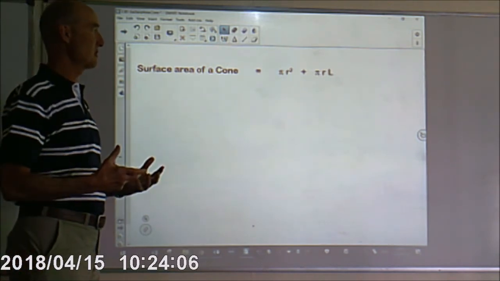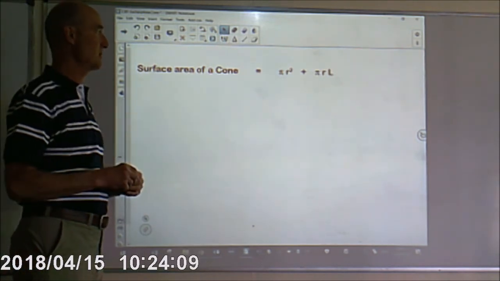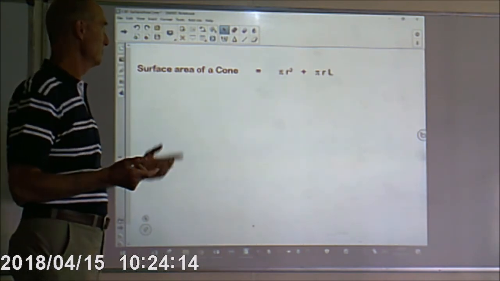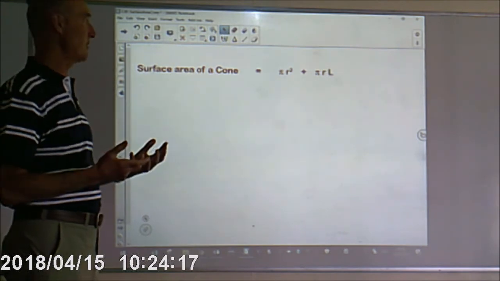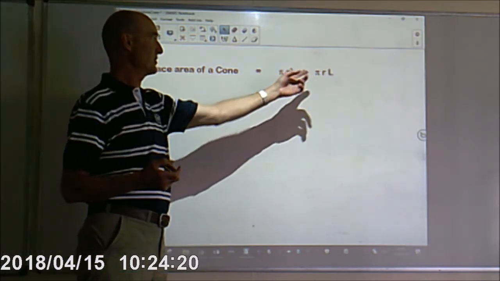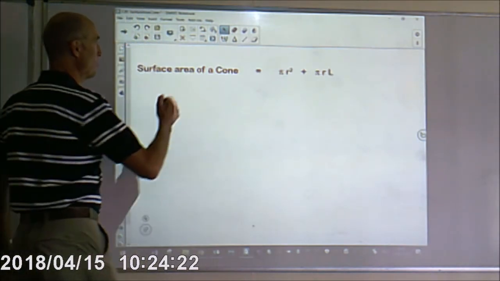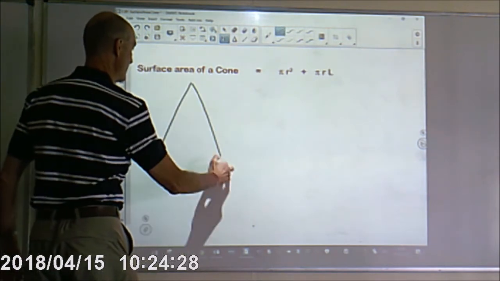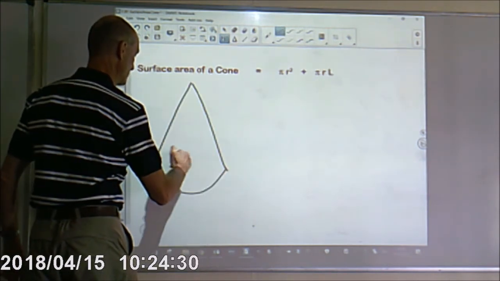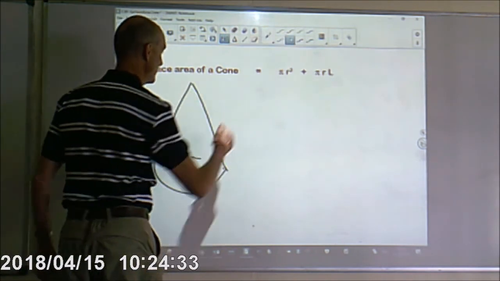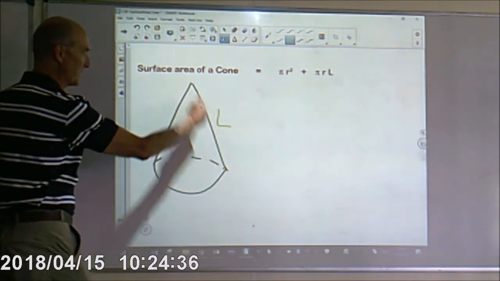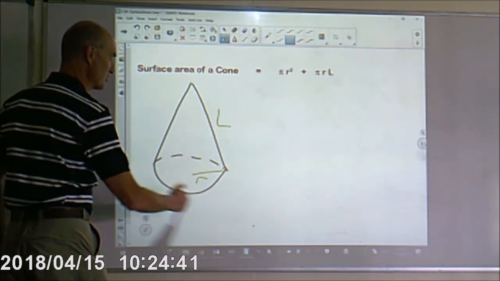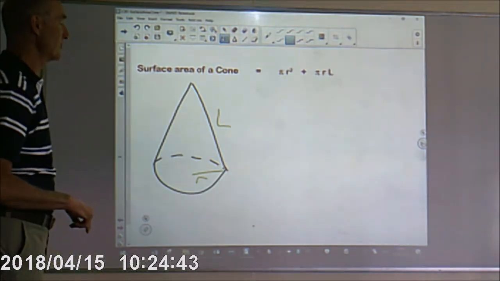Okay, Year 10, surface area of a cone. You've had a presentation about where that formula comes from. Now, one practical example of how you'd actually apply that to a question. So the surface area of the cone, which you should have made a note of, is pi R squared plus pi R L, where we have a cone, L is that sloping length there, and R is the radius of the circle that is at the base of the cone.